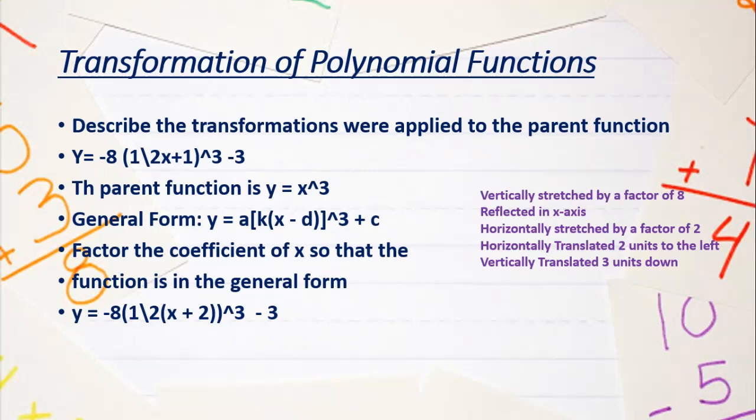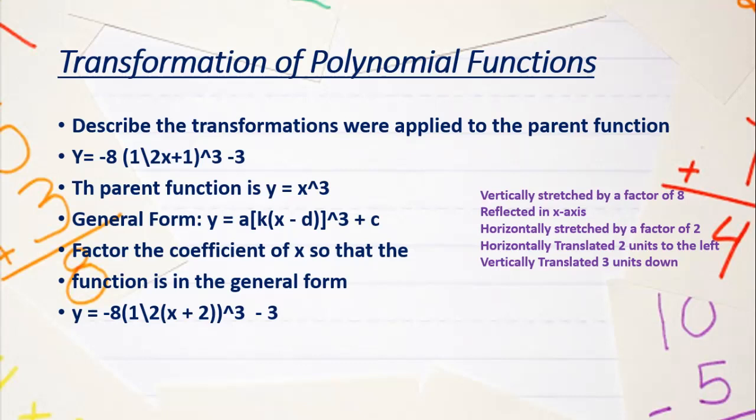The next one is again the transformation of the polynomial function. We have to describe the transformations which are applied to the parent function y = −8((1/2)x + 1)³ − 3. So the parent function is y = x³. The general formula is y = a(k(x − d))³ + c. Here's the difference: we have a power now, the power of cube. So we factor the coefficient of x so that the function is in its general form.